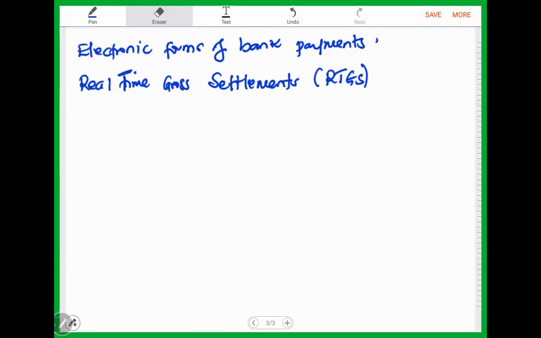Can I use an RTGS? Can I use an EFT? Can I use mobile money? You must know how each operates, and the choice is yours to transact and also advise another person that if you want to receive this money immediately, let's go for an RTGS. But of course, as long as something is good, it will always attract some cost. So RTGSs are normally expensive as compared to EFTs, mobile money, and the others.